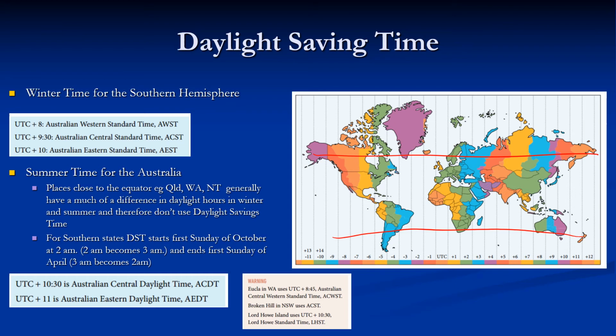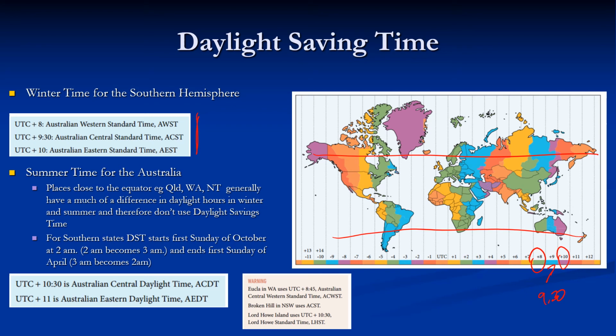So what do we have? First of all, we've got 3 time zones for Australia. Western Australia is UTC plus 8. Now, Australian Central Time, well, that's like plus 9.5, isn't it? 9:30, for South Australia. And for the rest of the eastern seaboard of Australia, we're 10 hours ahead of GMT.